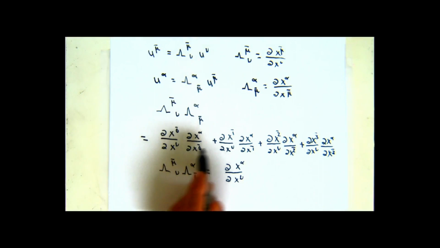Applying the chain rule, this big messy looking expression just turns out to be the partial derivative of x number alpha with respect to x number nu. Notice there's no bars or anything in that. I'm in a certain situation where I'm using the unbarred coordinates. The coordinates are independent variables. The partial derivative of one of the coordinates with respect to a different coordinate is 0.